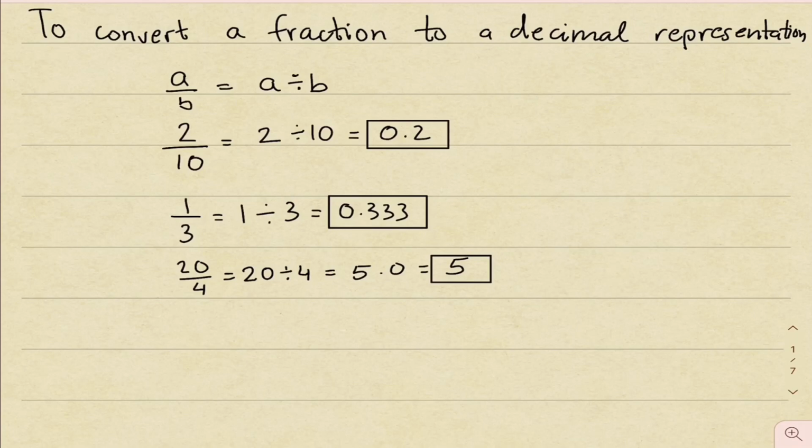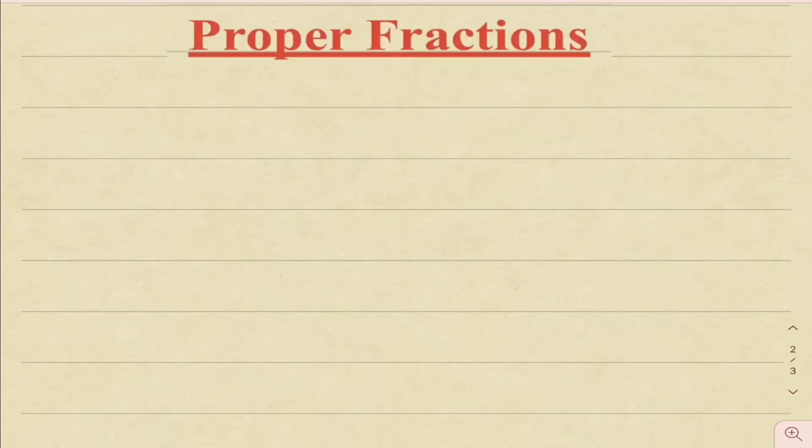Now we have two types of fractions. We have improper fractions and proper fractions. Let's talk about proper fractions. Proper fractions are the type of fractions where a is less than b. So the numerator is less than the denominator.